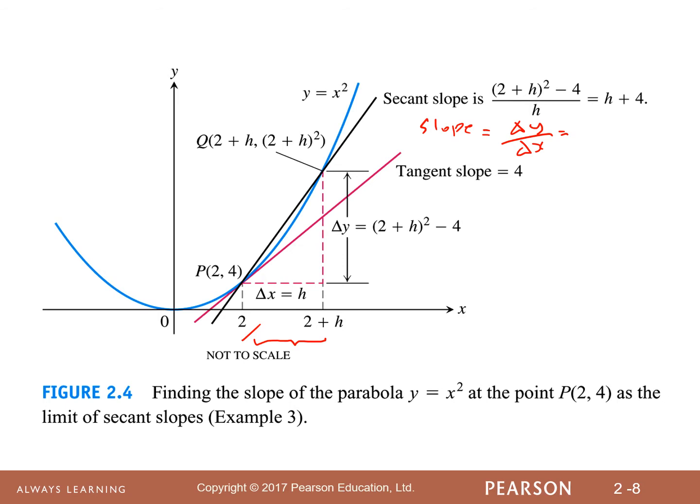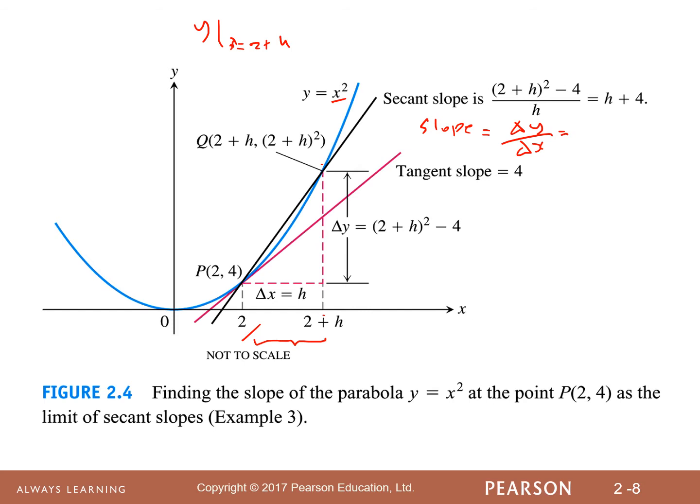Now, if we look at 2 plus h, this will be what? Because y equals x squared, find y at x equals 2 plus h. It's going to be equal to what?